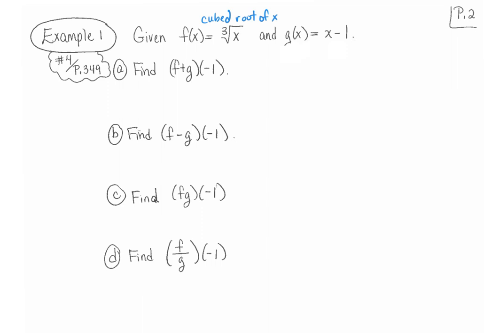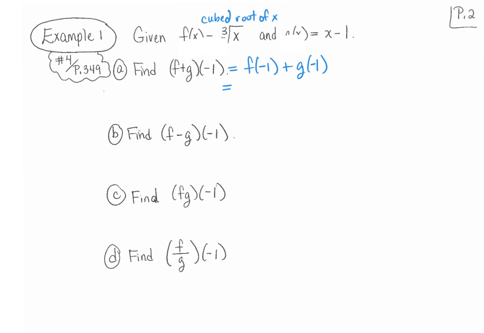So by our rule, that is equal to f of -1 plus g of -1. Our operation is addition, right? We're not multiplying here. So we need to find f of -1. Which function do we use, f of x or g of x?